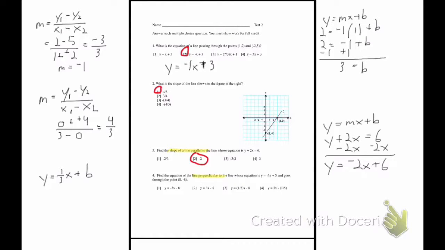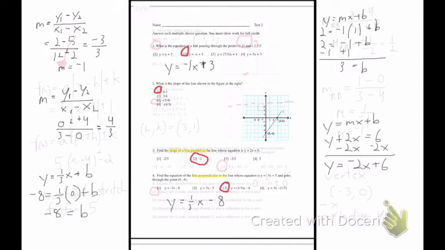If our x equals 0 and our y equals negative 8, then our b has to equal negative 8. Now that we have the b and we know the slope, we can write our equation of the line. Our equation would then be y equals 1/3 x minus 8. When we look at our choices, we see that choice number 3 has to be the correct answer.